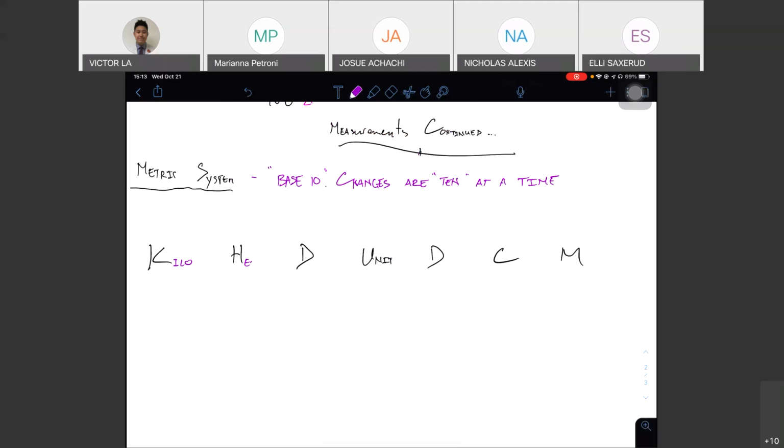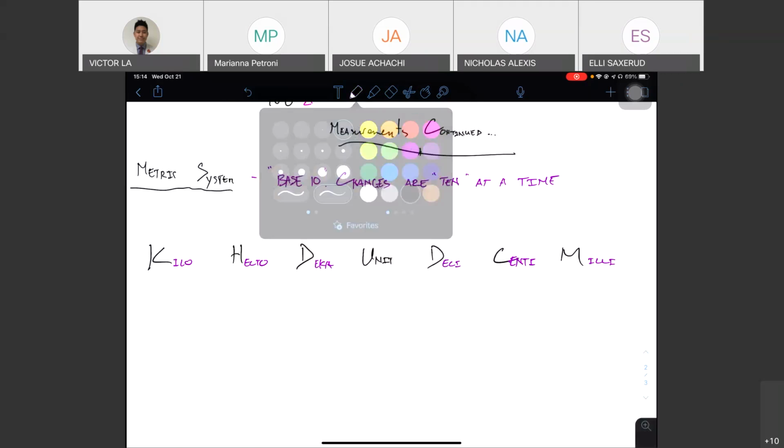Kilo, hecto, deca, deci, like decimeter, or decimal, centi, milli. And there's actually a mnemonic device that was taught to me by a colleague at FIT that's still there.